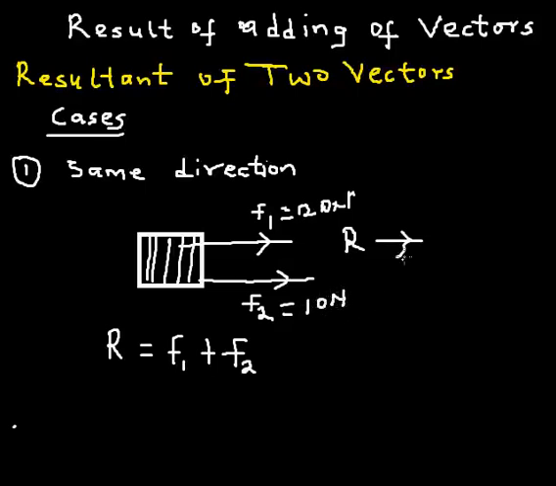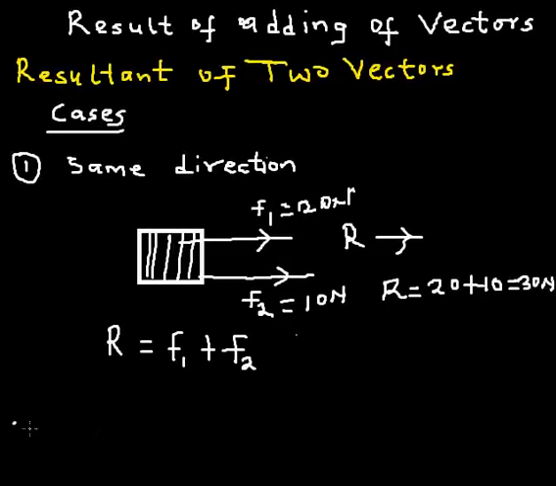You'll be asked to find the resultant. Simple. The resultant is just going to be 20 plus 10, and that's 30 Newton in the same direction. All right, so let's proceed.